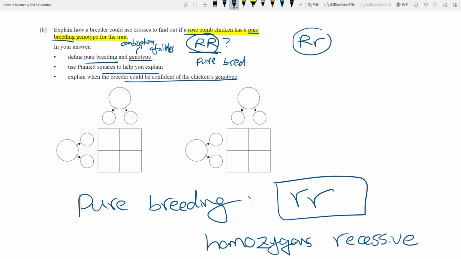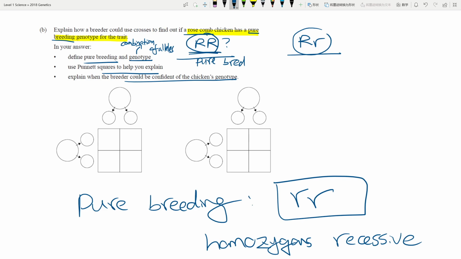Unless you know for sure that an individual is heterozygous, but how would you know? They look the same. A rose-comb chicken is either homozygous dominant, big R, or heterozygous, big R, small r. It has to be one of those two.